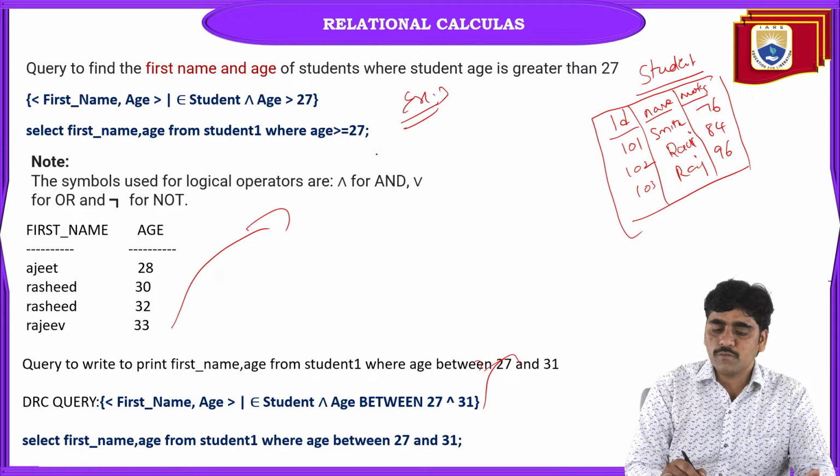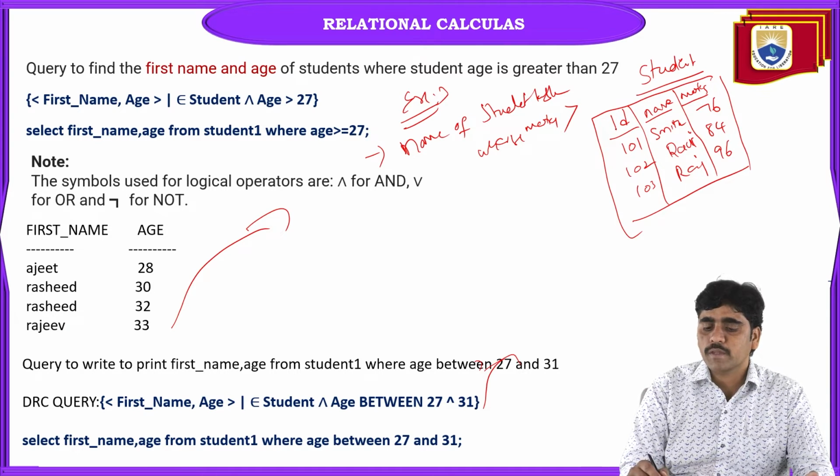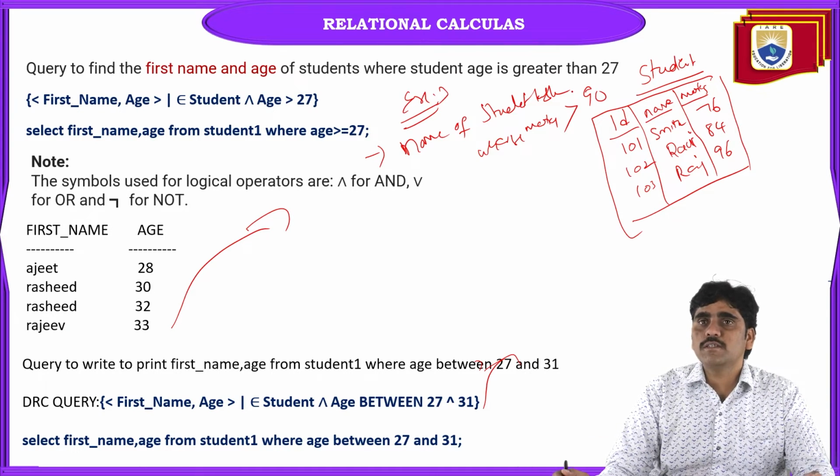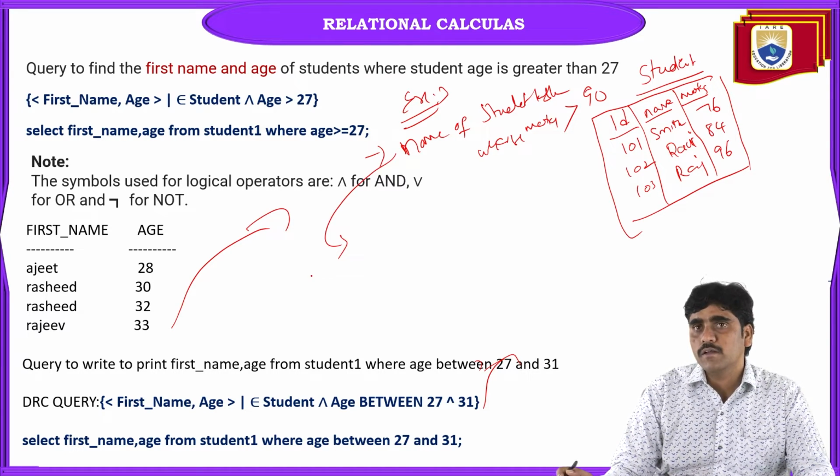So I just want to print the name from the student table whose marks are greater than 90. This is the query I have to build. How should I write it?